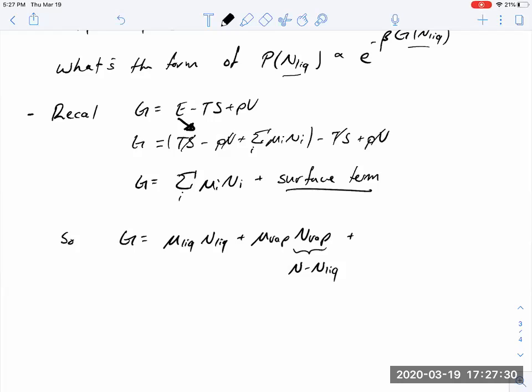And those surface terms, well, we just worked out what the free energy to form a surface was. It's some surface tension times some area. And if we wrote that area in terms of the number of particles in the droplet, that's that number to the 2/3, and there's some constant of proportionality.